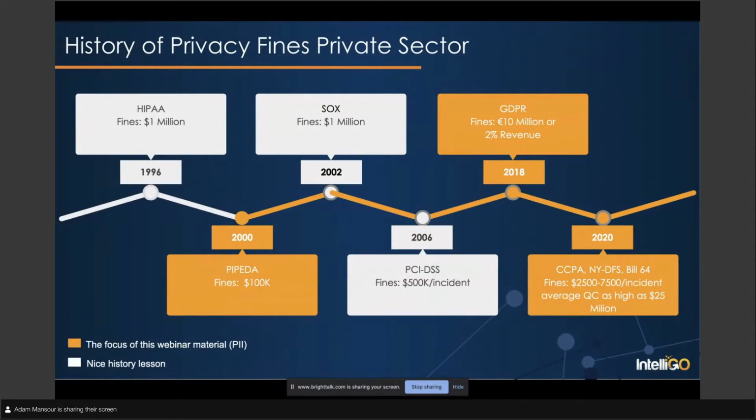But let's just run through very quickly a history of privacy fines in the private sector. It's important to understand that if you're a private company, even one that is publicly traded, private in the sense that you are a non-government entity, and you operate in North America or Europe, your privacy fines and issues with respect to breach notification date back probably as early as 1996 with HIPAA, when healthcare institutions wanted the ability to transfer health data.